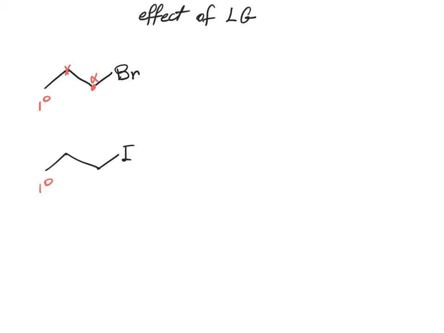This is primary. Again, here the alpha carbon is only bonded to one other carbon and two hydrogens. When I say one other carbon, I mean one alkyl group. So they're both primary substrates.